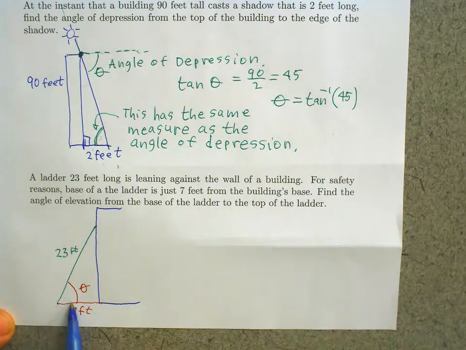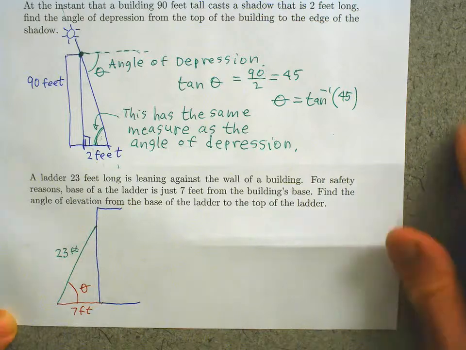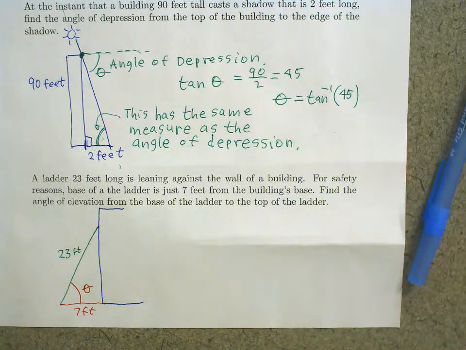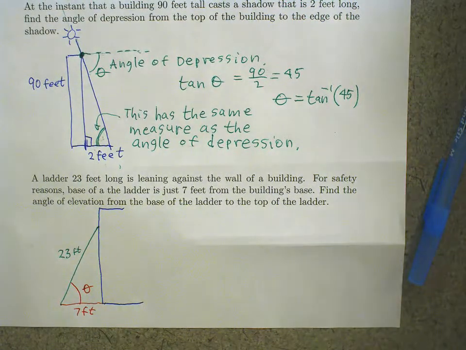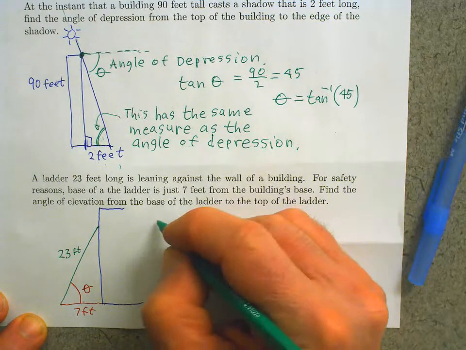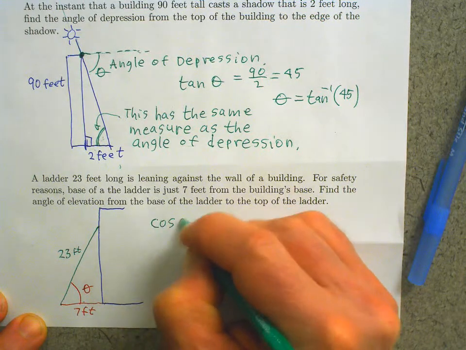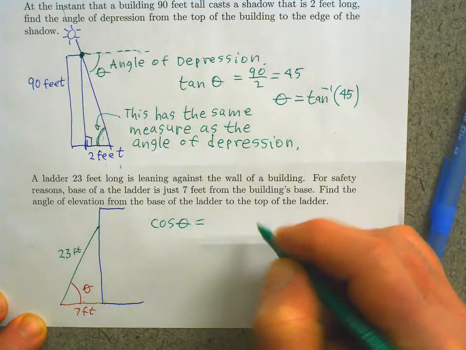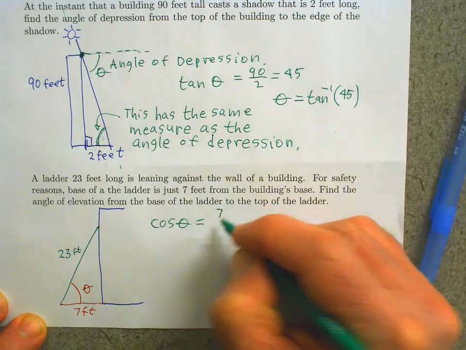Okay, so what do we do this time? So we have options, but it looks like the most straightforward thing to do is to use the cosine function. Cosine of theta is equal to the length of the adjacent side divided by the hypotenuse.